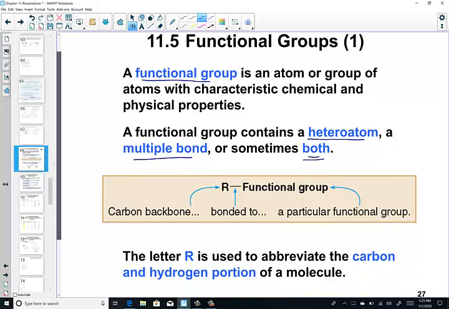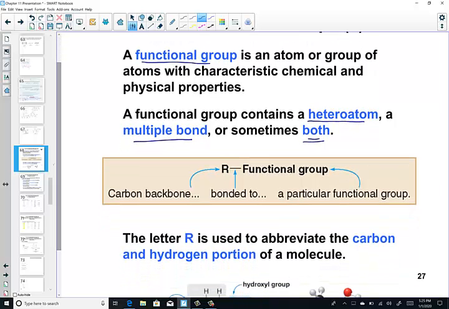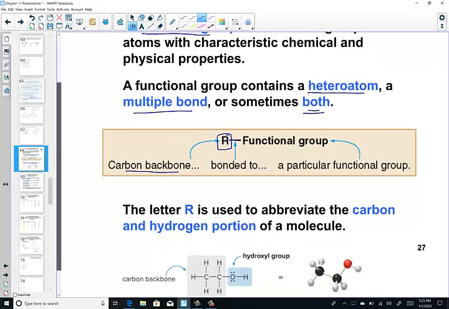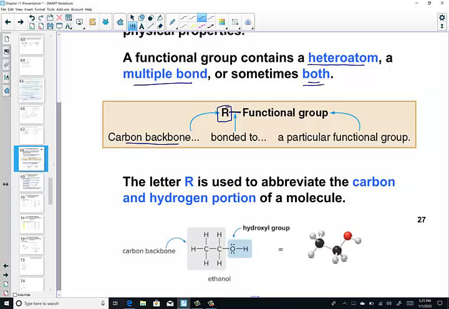When we look at a functional group, it has components to it. We use the letter R to represent the carbon backbone. We then see a line between the carbon backbone and the functional group to simply represent the covalent bond. And a functional group will be written after that in an abbreviated form. So the letter R is used to abbreviate the carbon and hydrogen portion of the molecule.